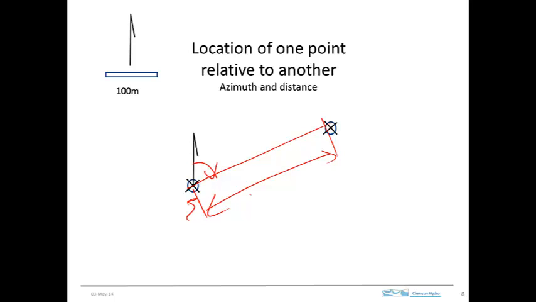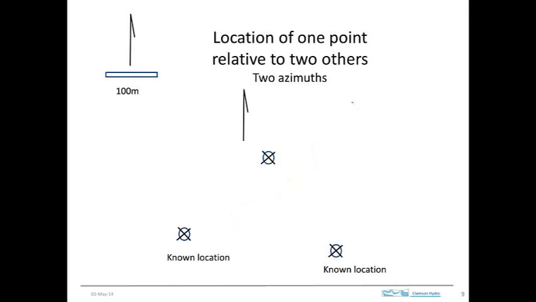And if we know those two things, the azimuth and the distance, then we can locate this point in space unambiguously.